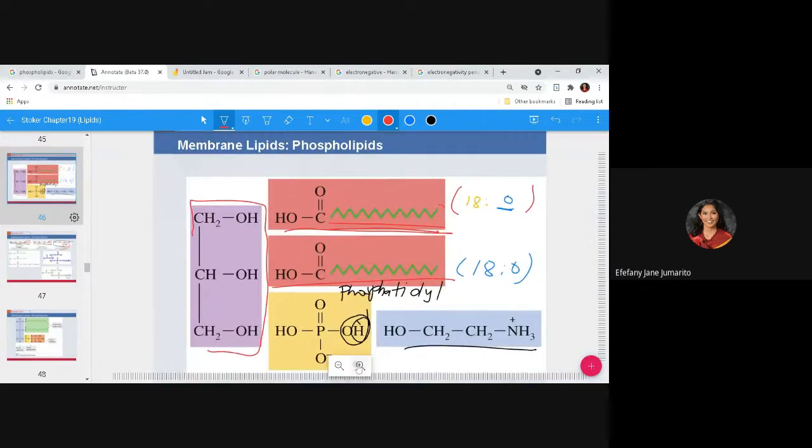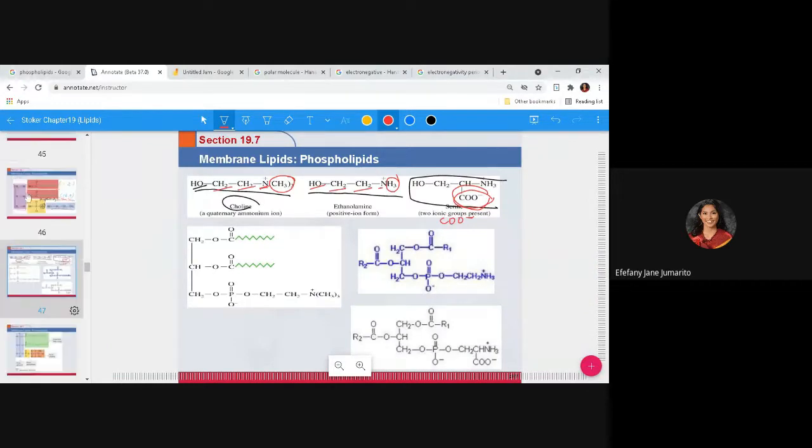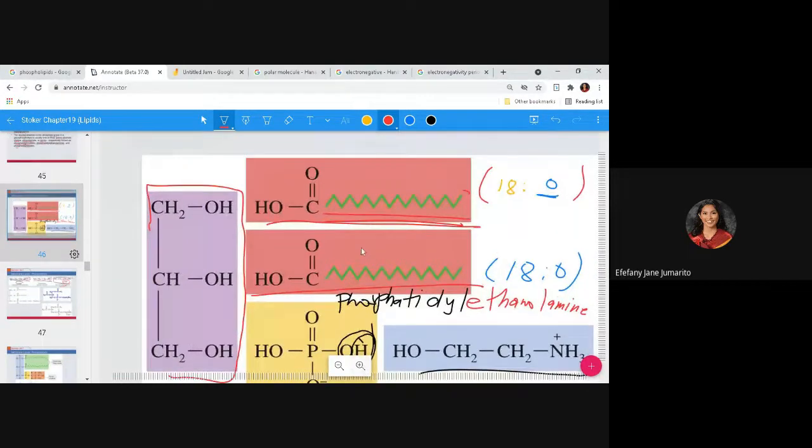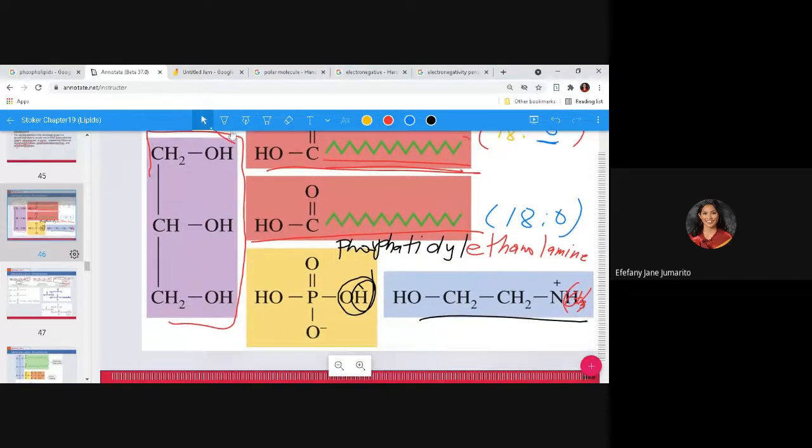Now, here, is this a choline or ethanolamine? Ethanolamine, ma'am. Okay, so the next thing you will write is phosphatidyl ethanolamine. So this whole thing is a phosphatidyl ethanolamine. Now, what if I change it to choline? I would make this CH3, so it becomes choline.